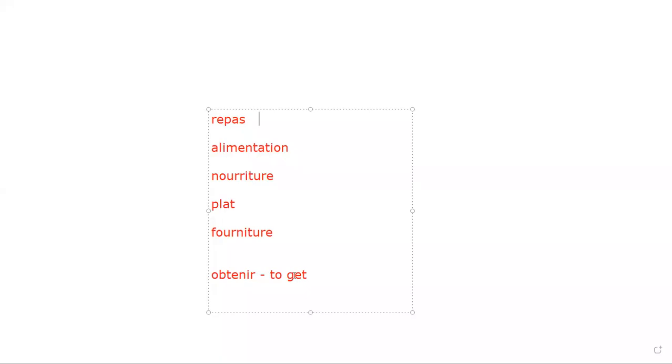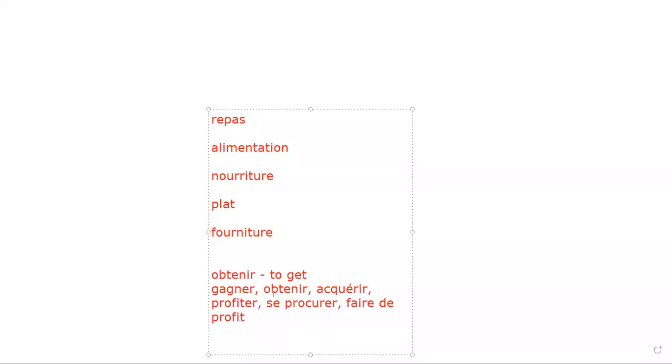Obtenir can be a synonym of gagner. Basically, gagner is my verb to win and to earn. If you look for a literal translation of gagner in the dictionary, it is win or earn. But we use gagner to mean get also to some extent.